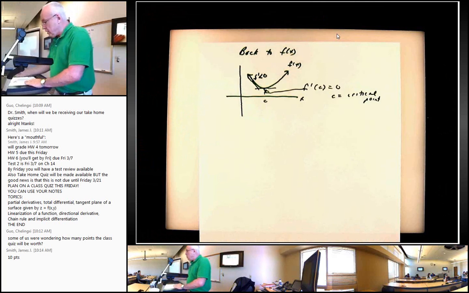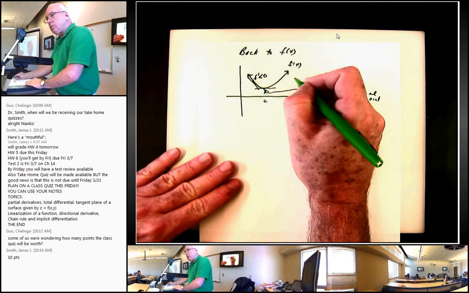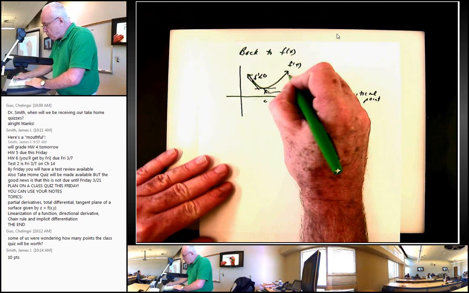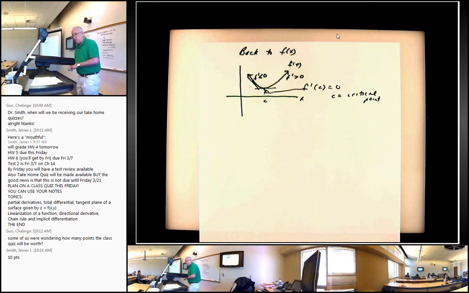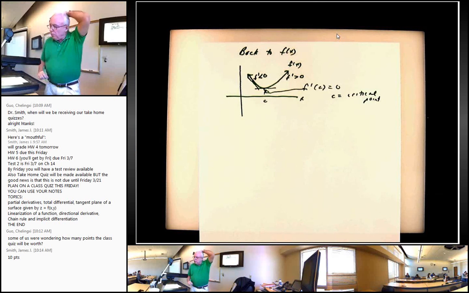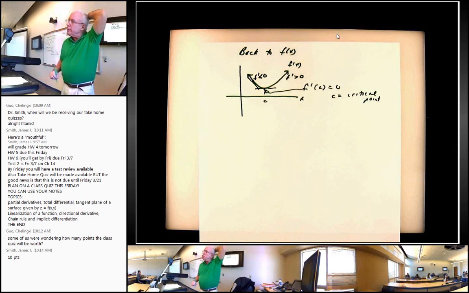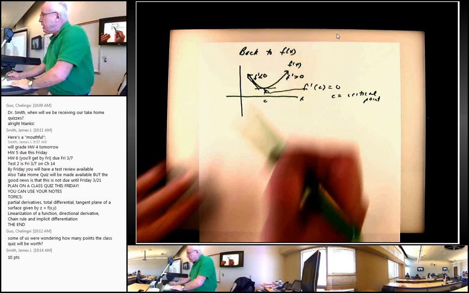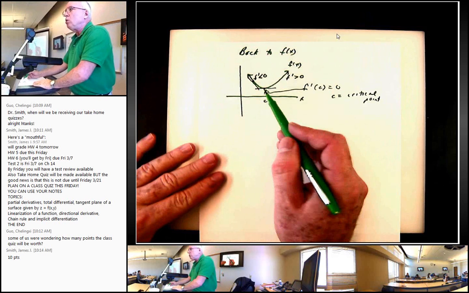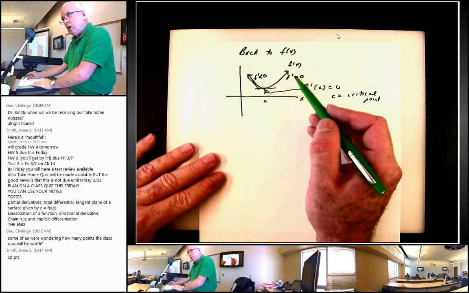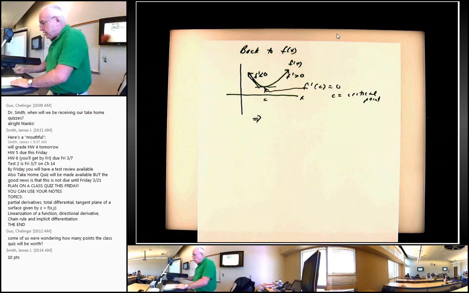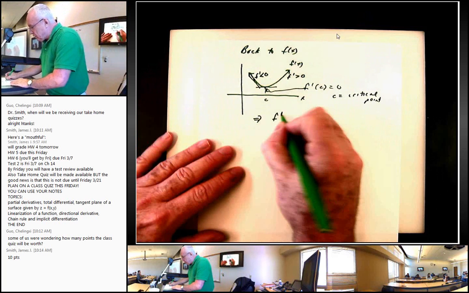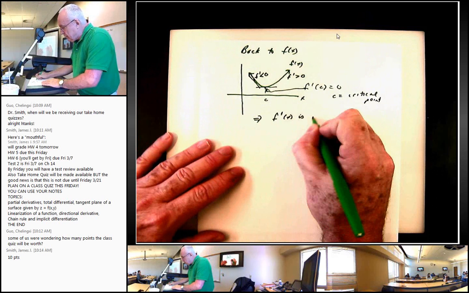And then we go on the other side of the critical point, and our first derivative values are now going to be positive, bigger than 0. So let's look at what the first derivative is doing here. It's going from a negative value to 0 to a positive value. So therefore, on this particular curve, we can say that the first derivative is increasing in value.